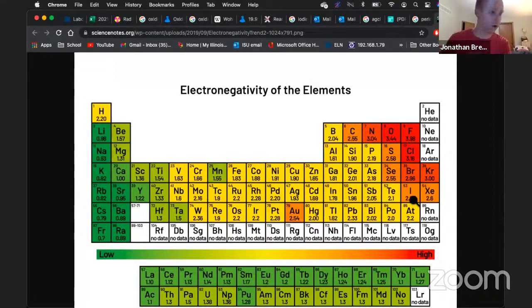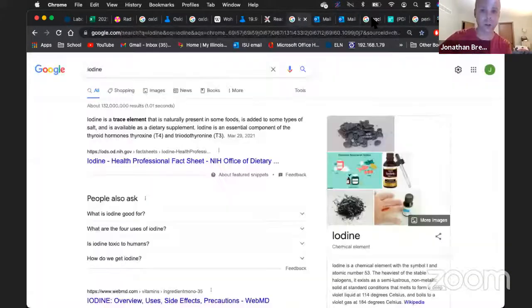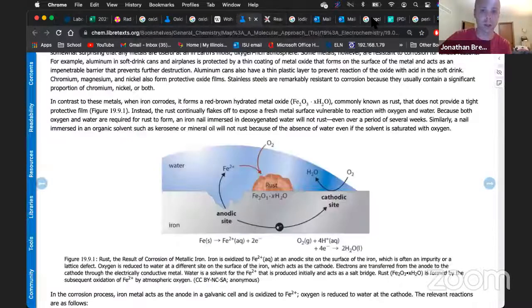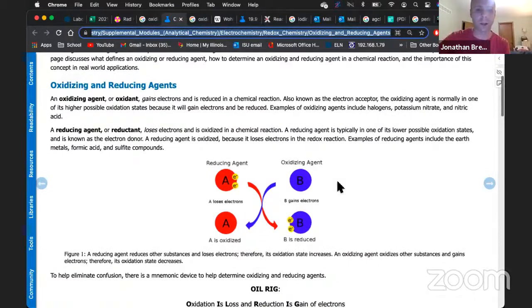And for figuring out the difference between oxidation and reduction, I found this. A lot of terms get thrown out. We have an oxidizing agent, sometimes also called an oxidizer, and a reducing agent, sometimes called a reducer.